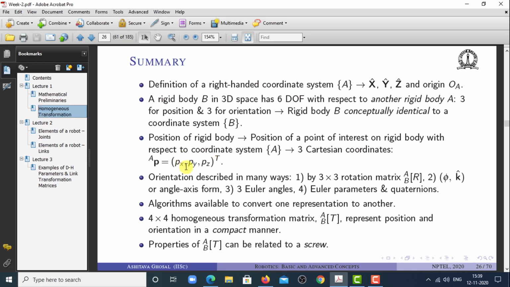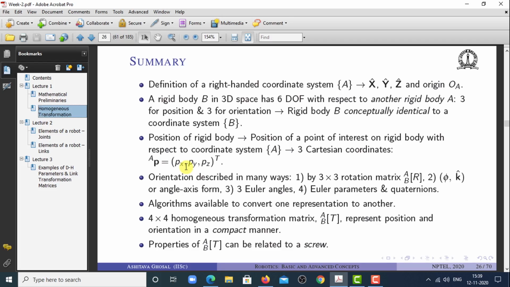The orientation of a rigid body can be described in many ways. We looked at a 3x3 rotation matrix. We also looked at an angle and axis form, phi and k, and then we looked at Euler angles. Euler angles are basically three angles, and that is the minimal representation of orientation.